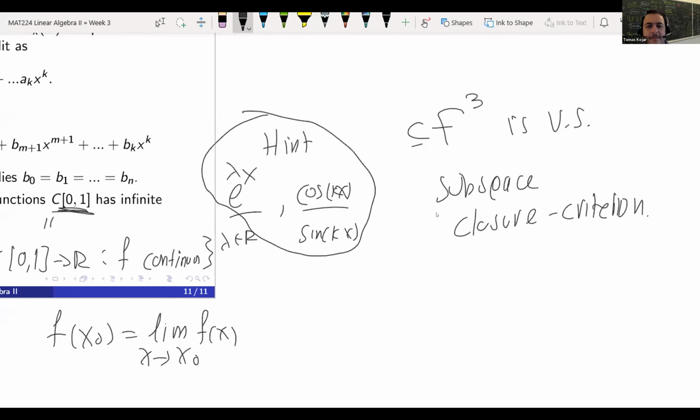I'm not sure if there is any other way to do this. You should probably go on Piazza. Boris gave a post about this. So you do have a vector space, but then you need to define the subspace, and you need to prove that this is indeed a subspace. We proved in class a criterion called the closure criterion.